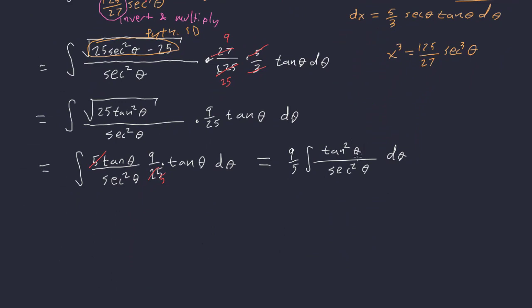What I'm going to do is rewrite the secant squared in the denominator as cosine, because if we divide by secant squared, well, secant squared is 1 over cosine. And if we invert and multiply, what we'll end up with is tan squared theta just times cosine squared theta.